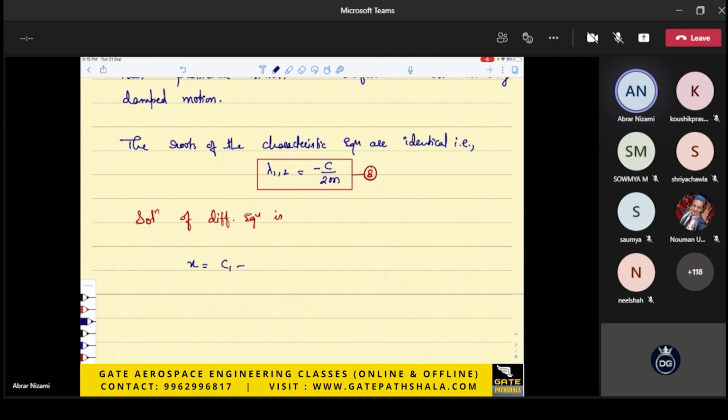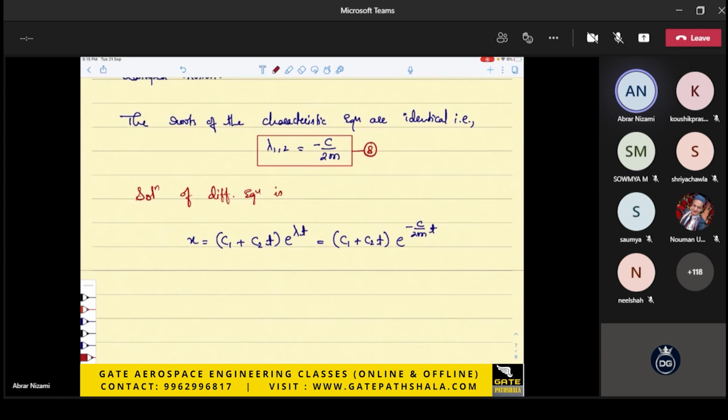X equals C1 plus C2t, which is a linear term, into e power lambda t. So the solution is C1 plus C2t into e power minus c by 2m into t. So in this also the exponential term will dominate. Bracket this. So this is the solution of the critically damped equation of motion of the critically damped system.